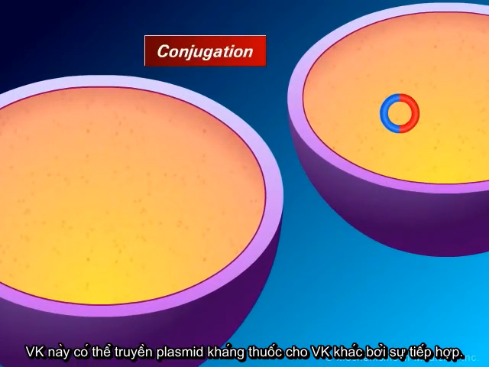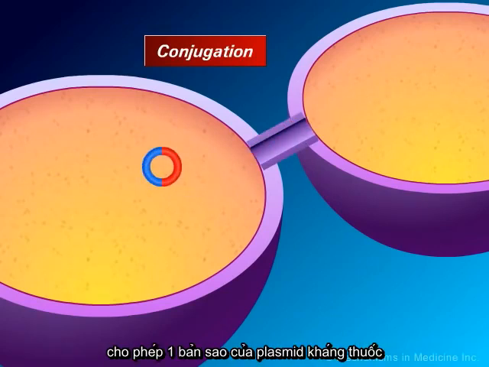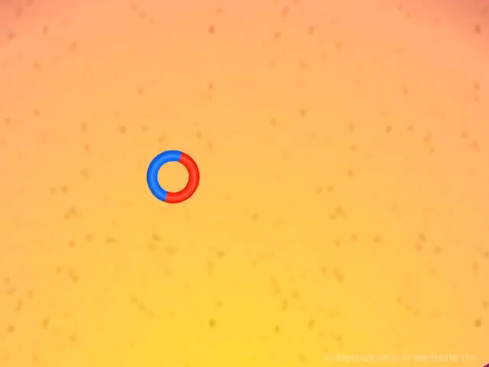Bacteria are capable of passing these resistance plasmids to each other by conjugation. When two bacteria come into close contact with each other, a small channel is created between them, which allows one of the bacteria to pass a copy of the resistance plasmid to the other.